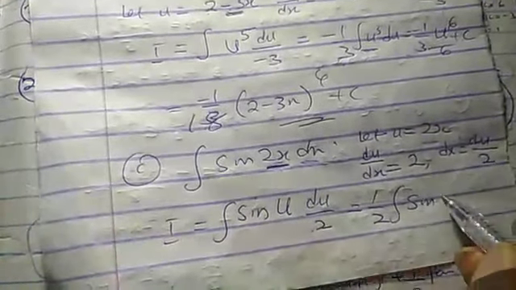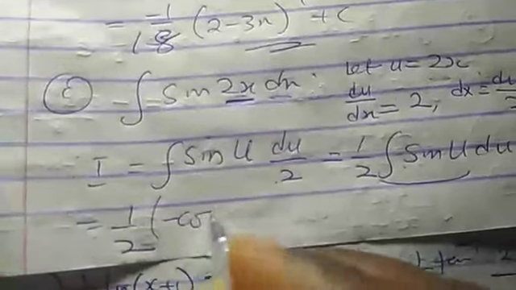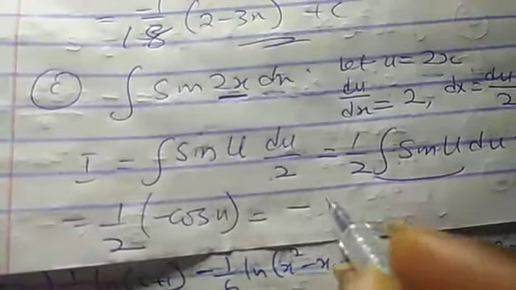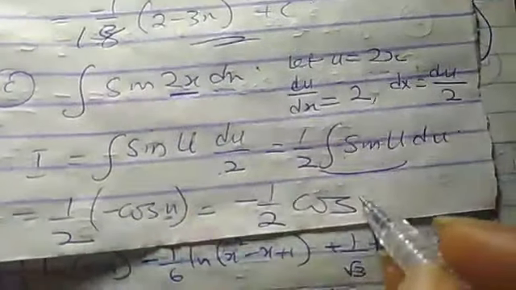So I'll bring this half out. It will remain sine u inside du. Now we are left with integrating sine u, and if you integrate sine x, I will have minus cos x. In that case, if I integrate sine u, I will have minus cos u. So that my final answer is minus half cos 2x plus c. That means if I integrate sine 2x, I will have minus half cos 2x.